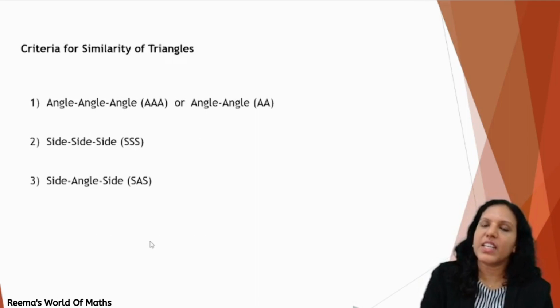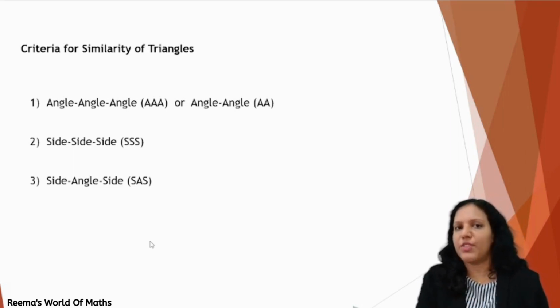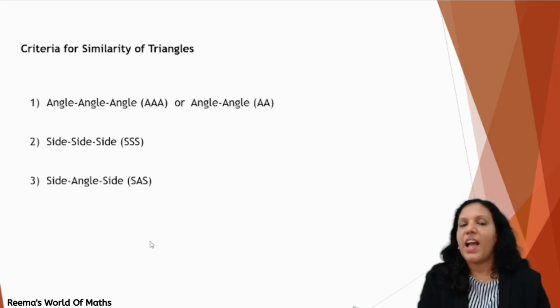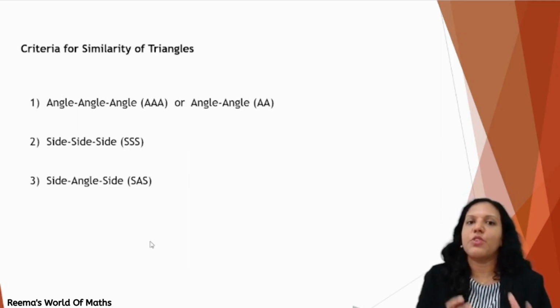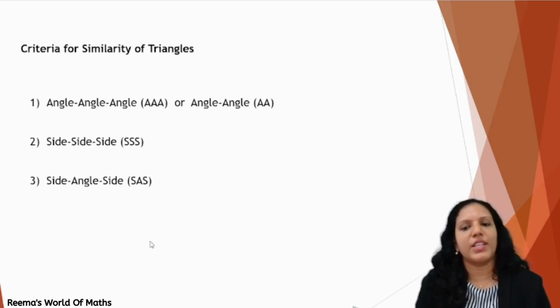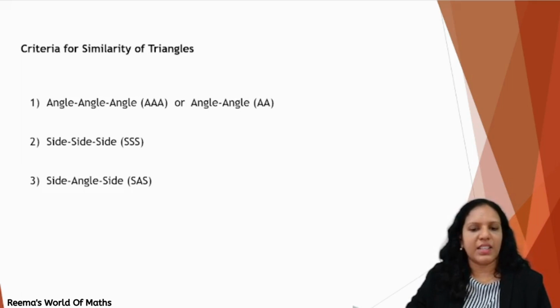There are mainly three criteria. The first one is angle, angle, angle. In the previous class we learned the congruency of triangles, where we know angle, angle, angle, side, side, side, and side, angle, side. Similarly, to prove the similarity of triangles, we can use similar criteria. The first one is angle, angle, angle.